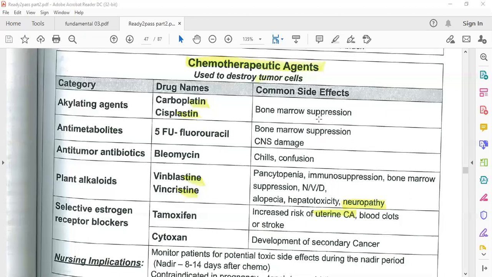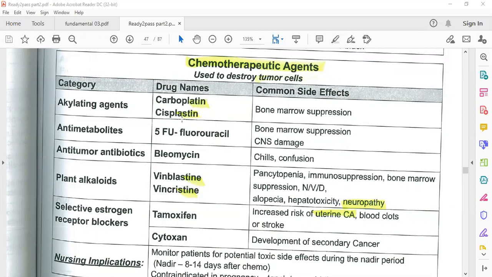All of these are side effects of bone marrow suppression, which occurs because of anti-cancer medication like cisplatin, carboplatin, fluorouracil, vinblastine, vincristine. All of them can cause bone marrow suppression.